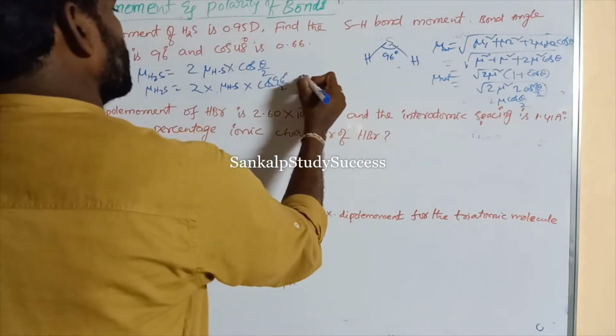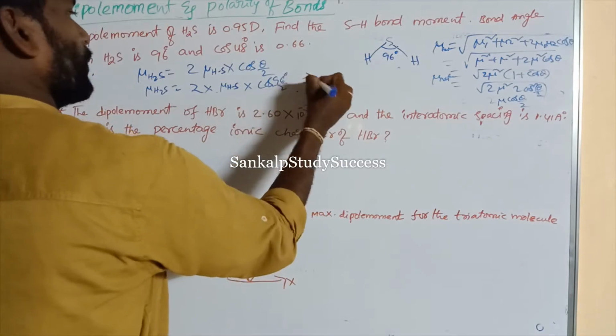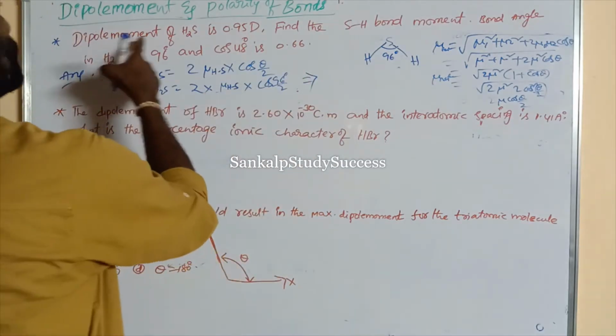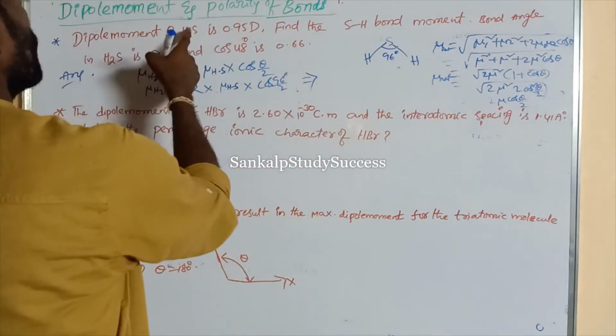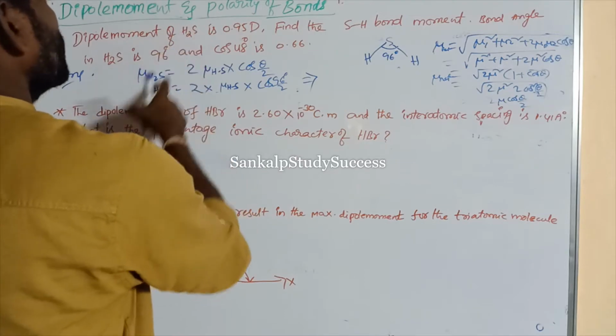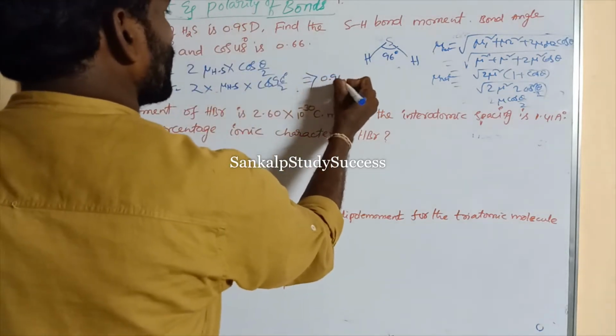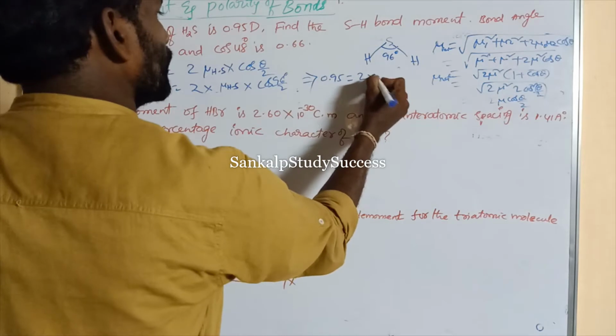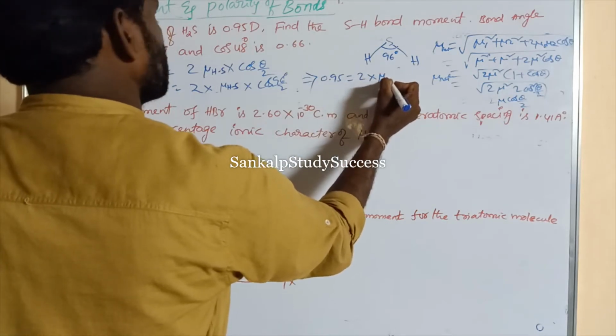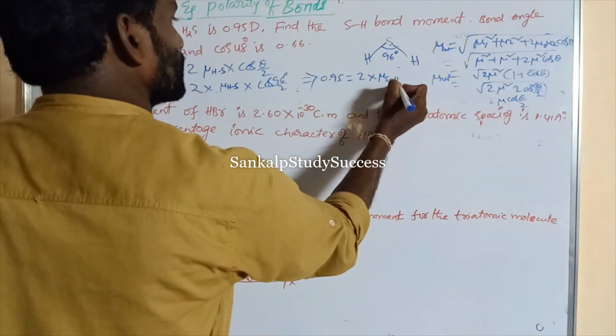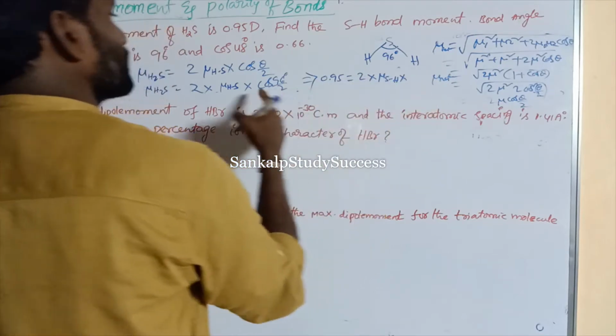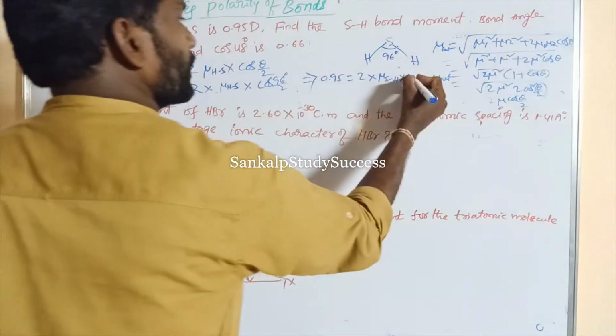So next, what is its value? Mu H2S is the dipole moment of H2S, which is 0.95, equal to 2 into mu S-H or H-S, both are the same, into cos 96 by 2, that means cos 48 degrees.